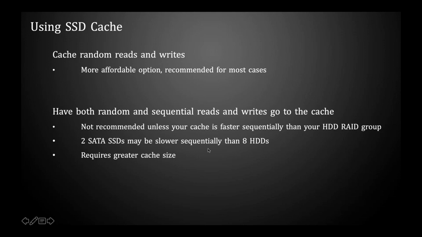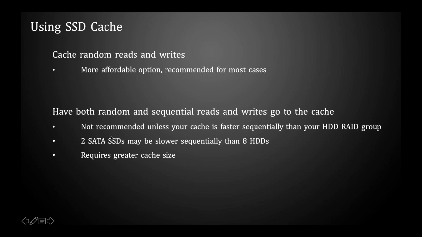So let's say hypothetically you had 8 HDDs, but only 2 SSDs. Because with more drives you get more sequential performance, you might find that the sequential performance of 8 HDDs is more than the sequential performance of 2 SATA SSDs. So in this case, if you try to cache sequentially, you might even slow yourself down.